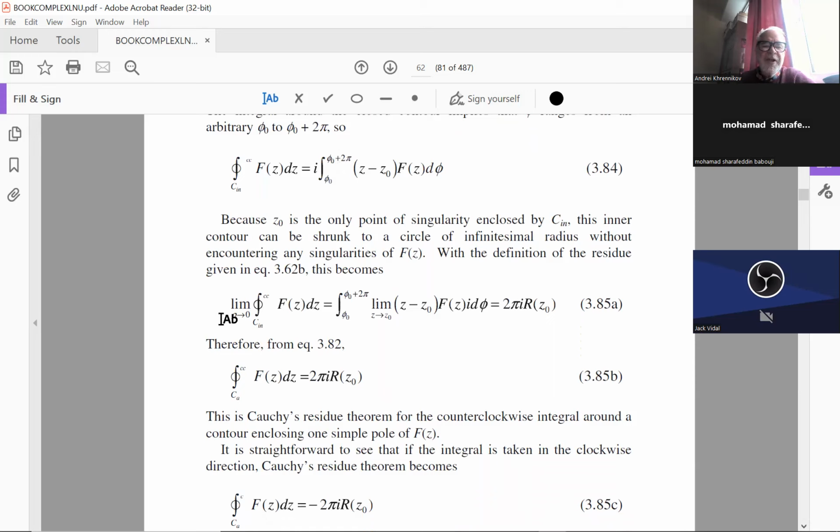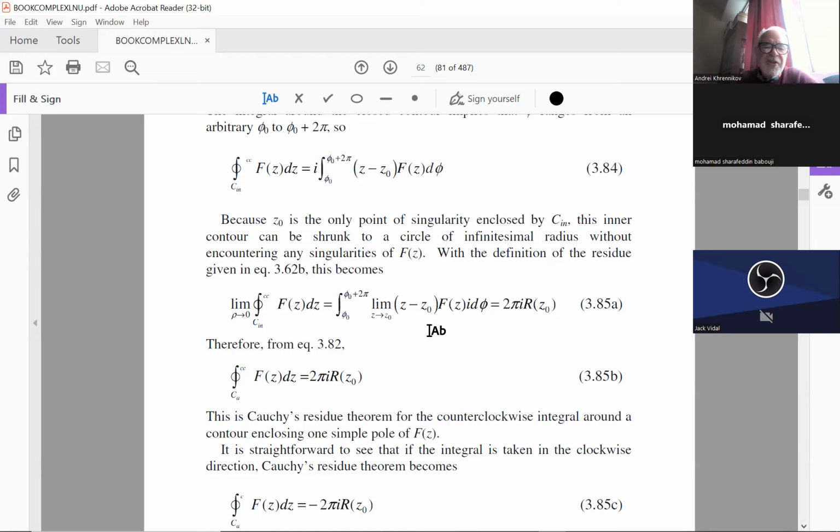So now we send the radius to 0. Since our function is continuous, everything is continuous, we can exchange the limit and the integral. So here is this integral, here is the limit, here is this z minus z0, f(z), and this is the differential which was on the previous page, i d phi.